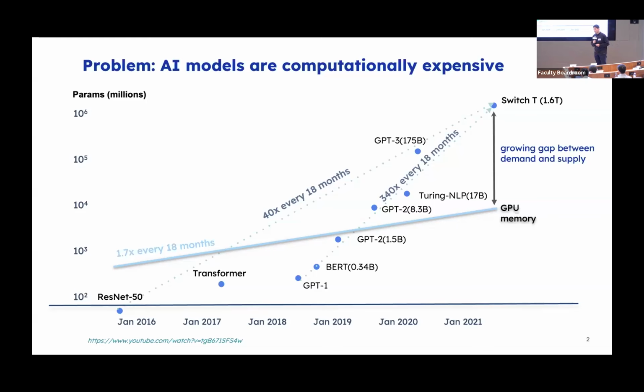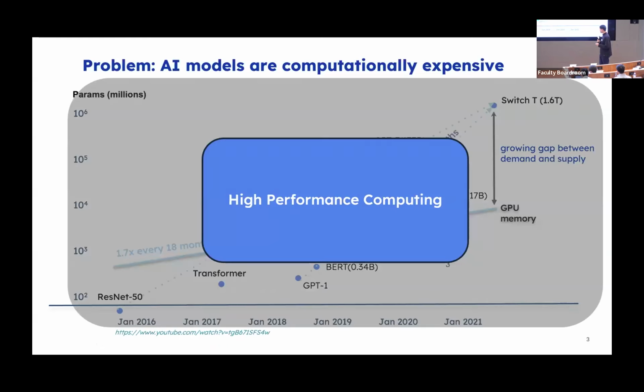It's computationally expensive. My background is high performance computing, and the idea of high performance computing is to make computation faster. Here, we want to make the training and inference of AI models faster and more efficient.